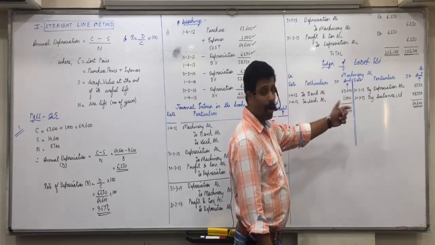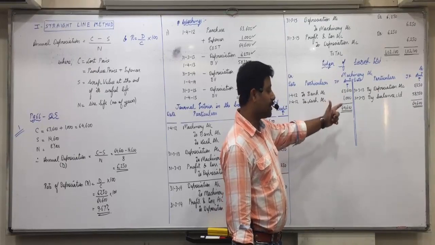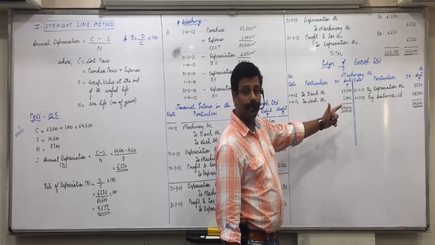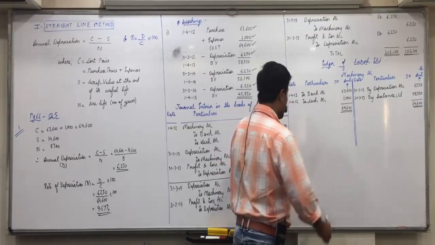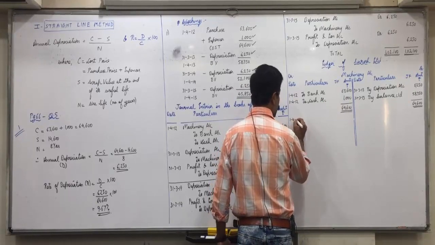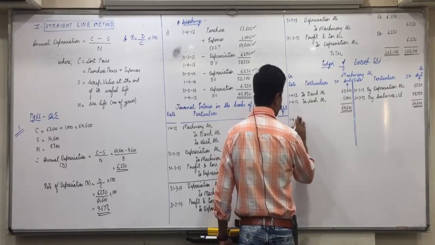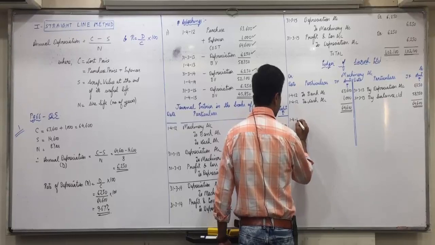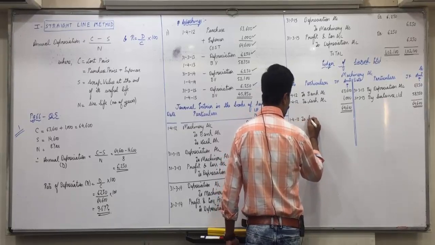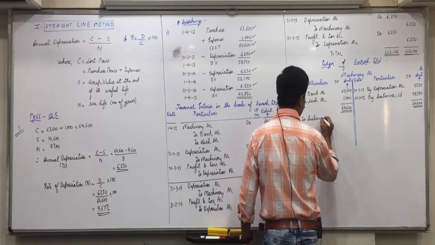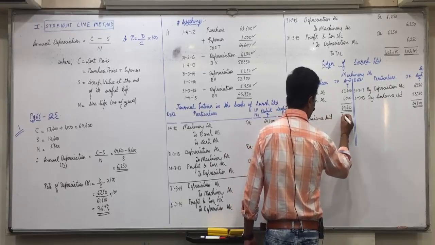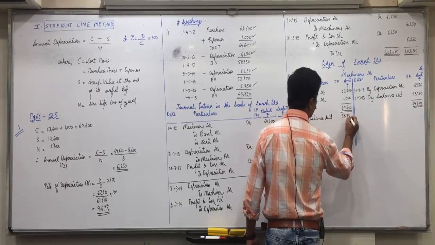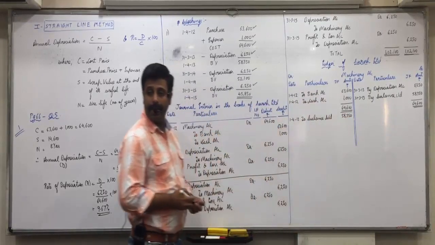And next day, opposite side. What will be the next day after 31/3/13? 1/4/13, opposite side, to balance brought down 58,350. Did you all understand this?